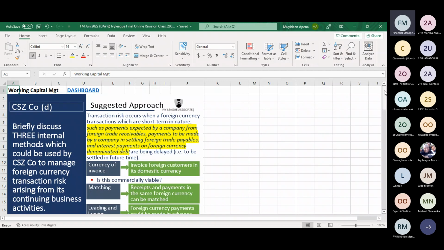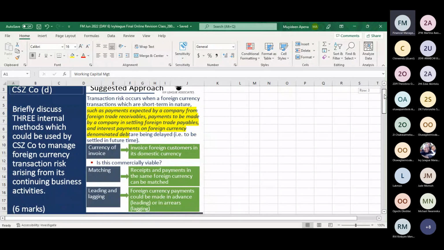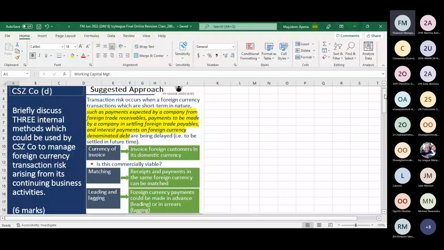So how can CSE code manage such a risk? First, it can invoice in the domestic currency. It can issue to the customers an invoice that says they should pay in the company's own currency.